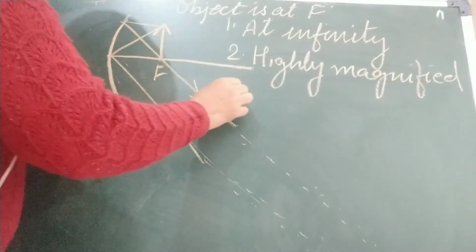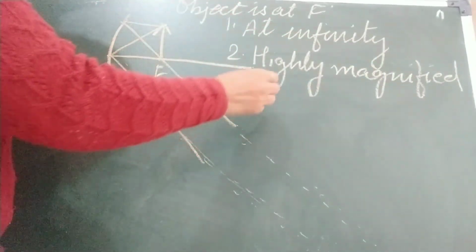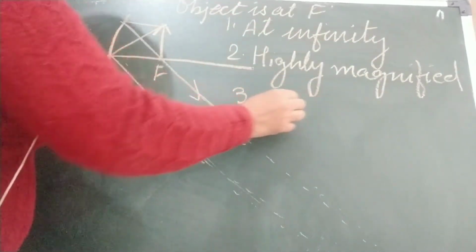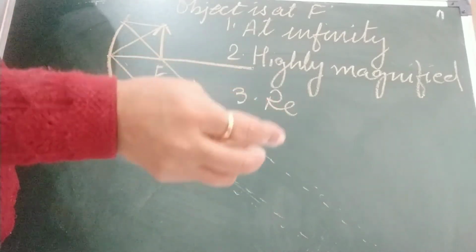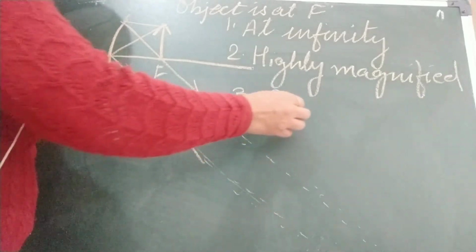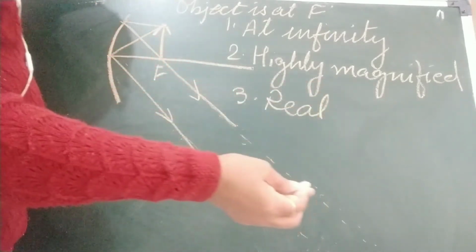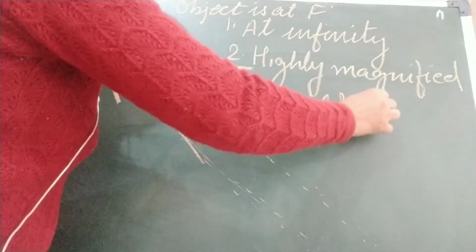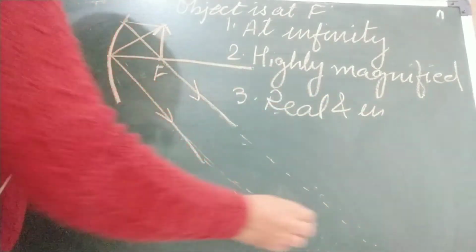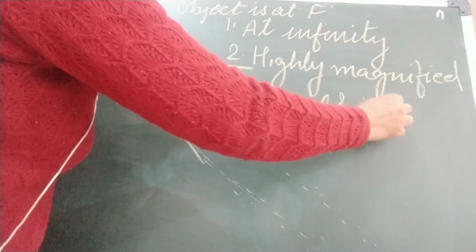Okay, and third thing, what? Real and inverted. We can get it. It will form on a screen, land and all, wherever. Real and inverted, because it is forming this side, this is real and inverted.